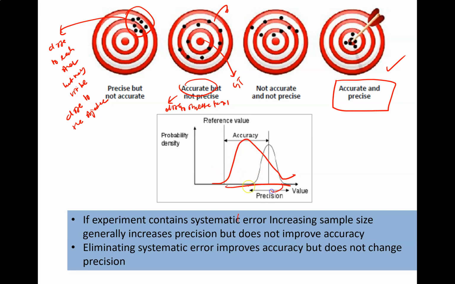And how accurate to the ground truth, that's the most important thing. If an experiment contains systematic error, increasing sample size will increase precision, but does not really improve accuracy. And eliminating systematic error will improve accuracy, but does not change the precision.